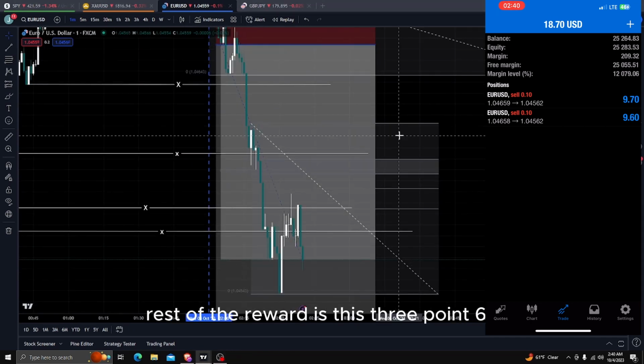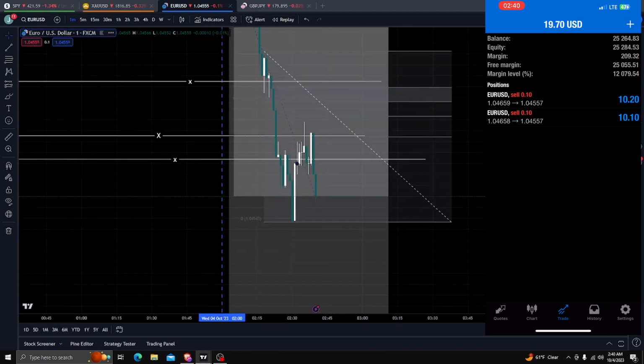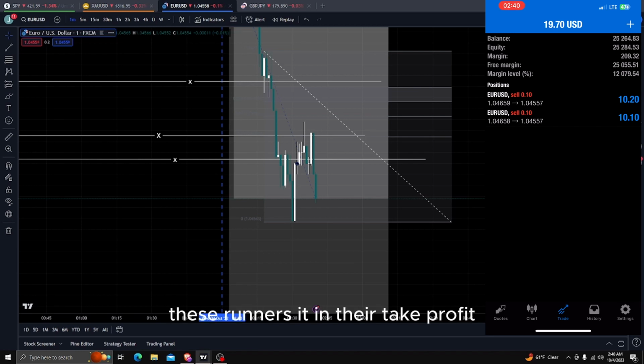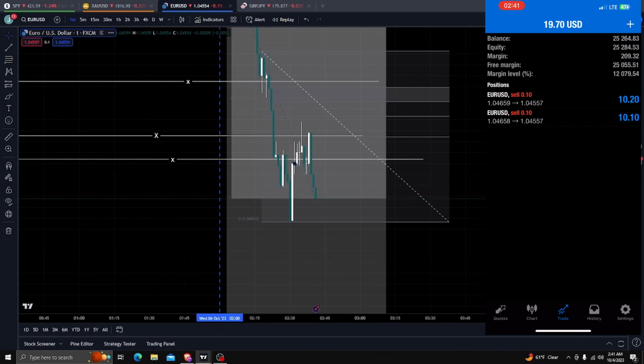Where's the reward? Is this 3.64? We honestly should finish off the night with these runners hitting their take profit. I don't know, but we'll see. I mean, we're gonna close at break even. Doesn't really matter though.